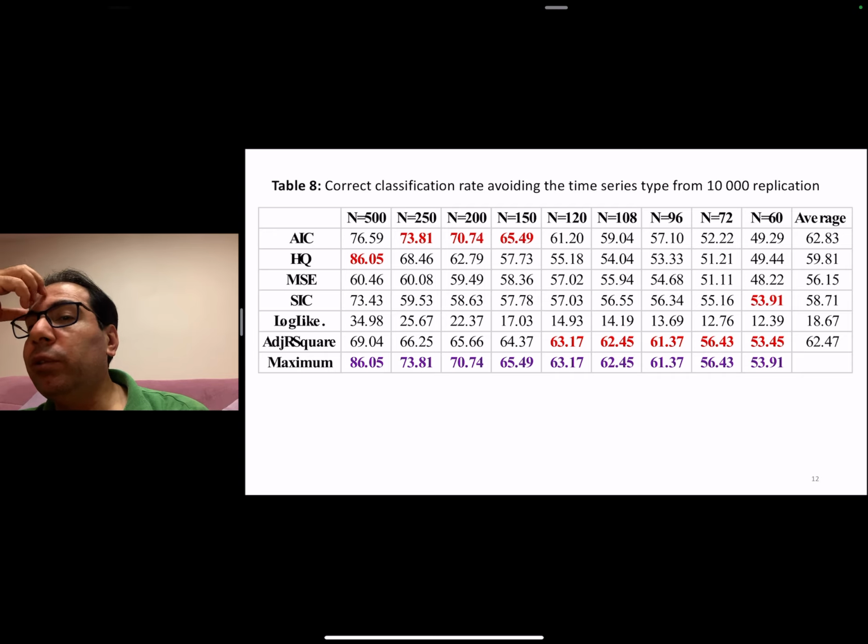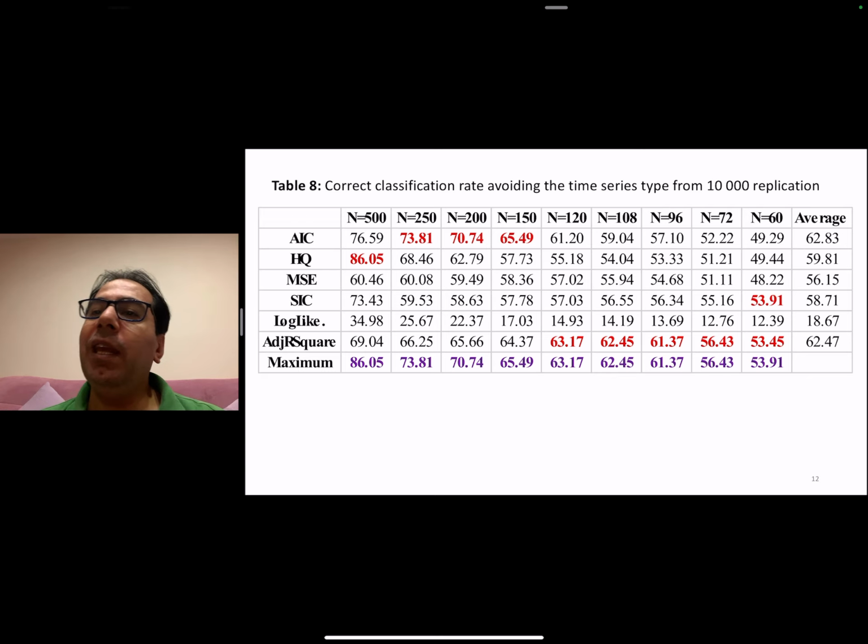The adjusted R square is very surprising, especially when the sample size is from 60 to 120, so I would recommend using the adjusted R square. If the sample size is greater than 150, between 150 and 250 in general, you can use the Akaike information criterion. And then for large sample sizes of 500, just use Hannan and Quinn.